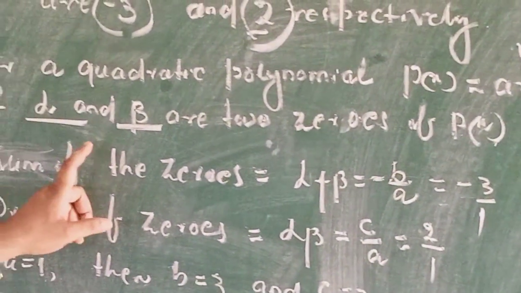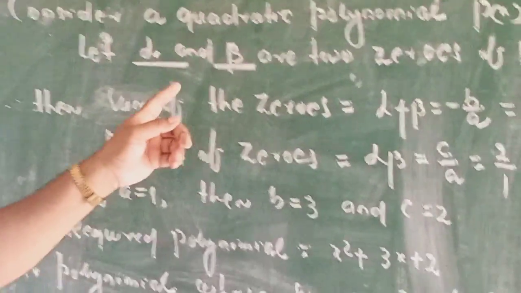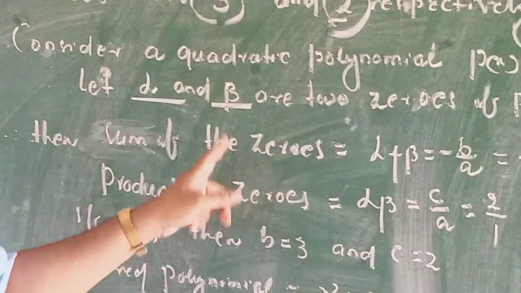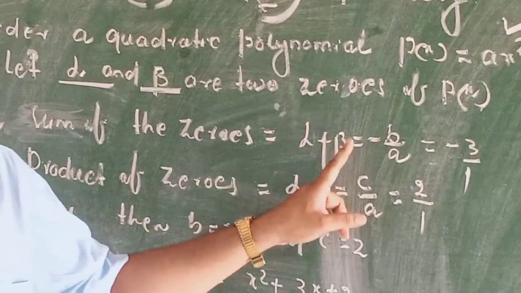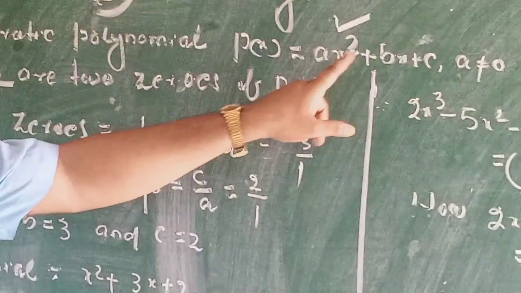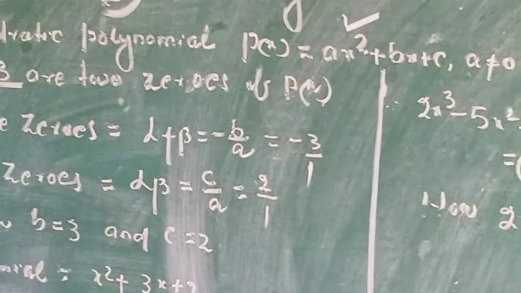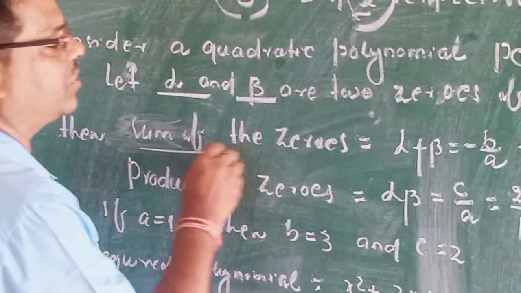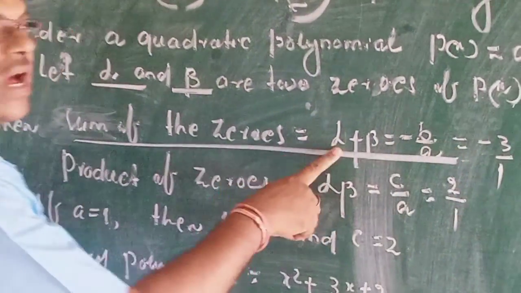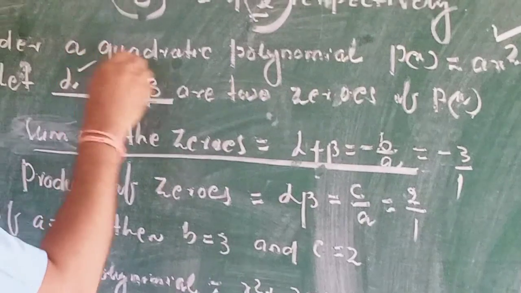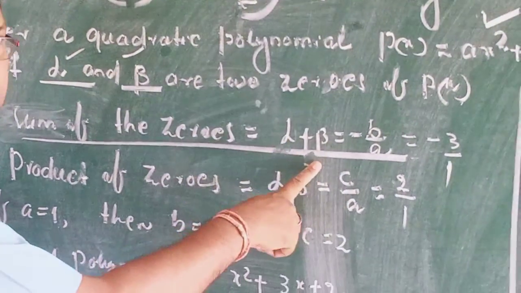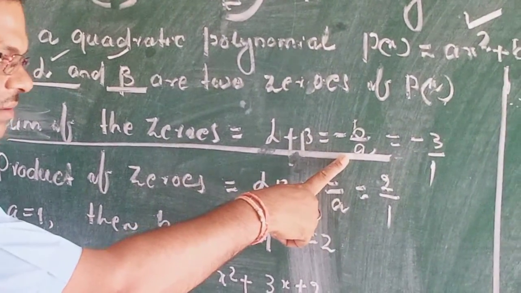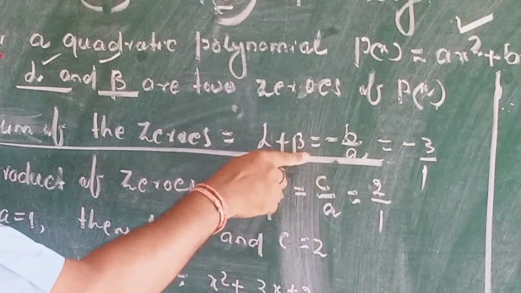In the previous class, we already discussed that if alpha and beta are the zeros of a quadratic polynomial ax square plus bx plus c, then the sum of the zeros, alpha plus beta, is equal to minus b by a. This is the formula.